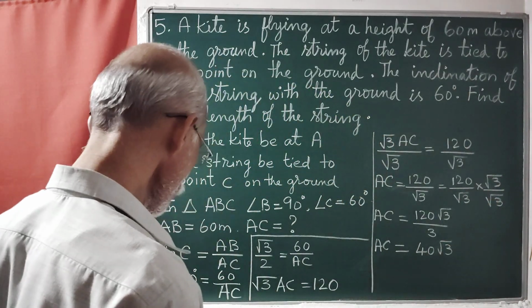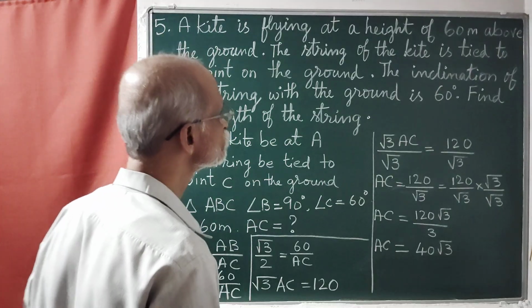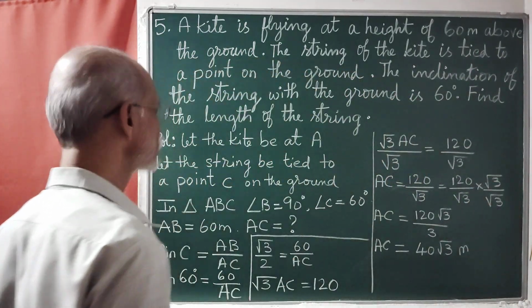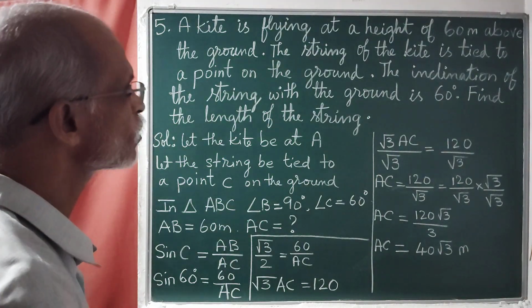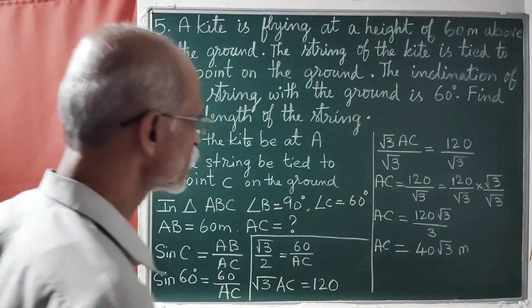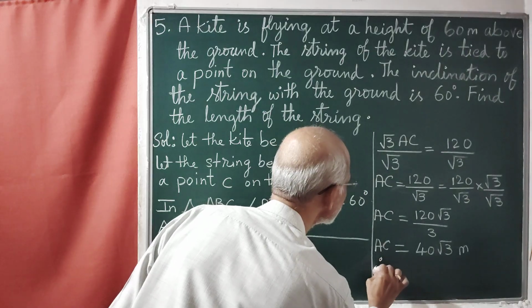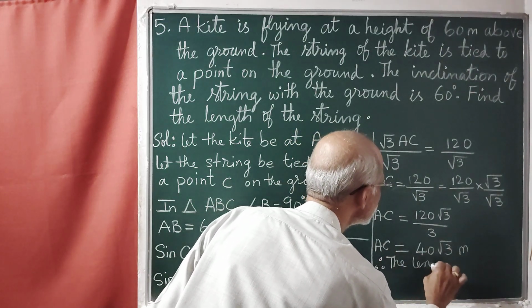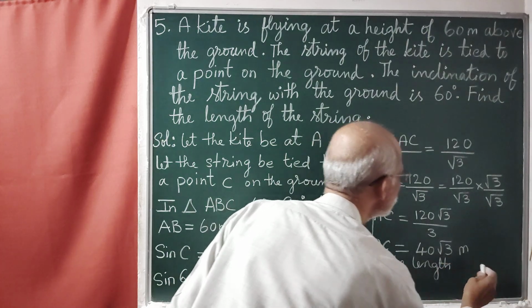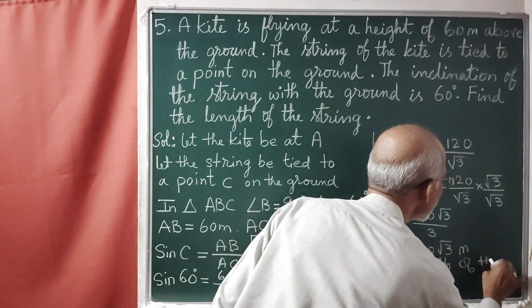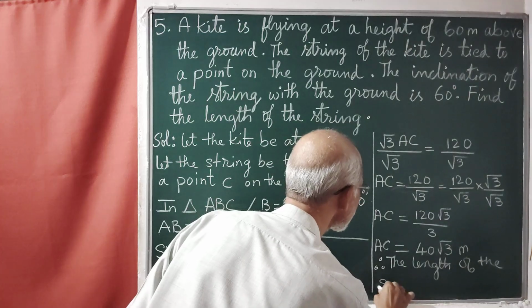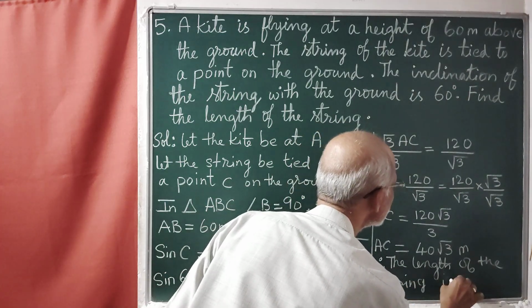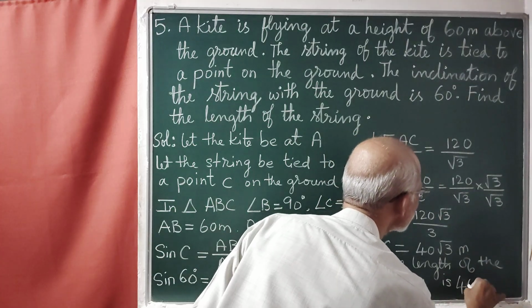So AC is equal to 40 root 3 meters. Therefore, the length of the string is 40 root 3 meters.